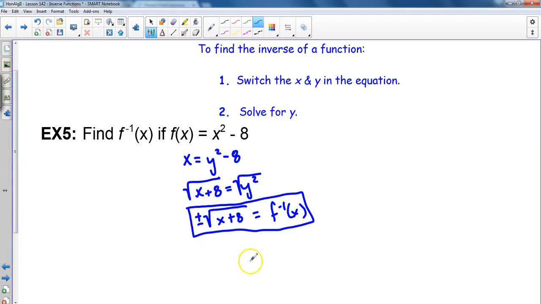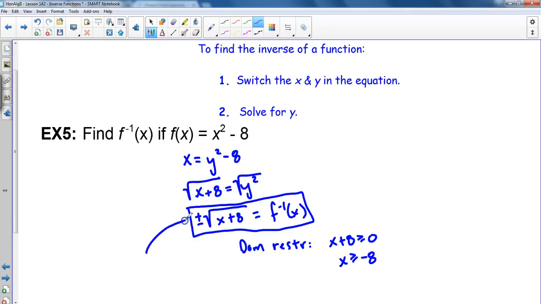Number one, we've got a variable under the square root, so we've got a domain restriction that we should make note of. The domain restriction is we know whatever's under that square root, in other words x plus 8, that's the argument under the square root, that's got to be bigger than or equal to 0 if we want real number answers. So x has to be greater than or equal to negative 8.